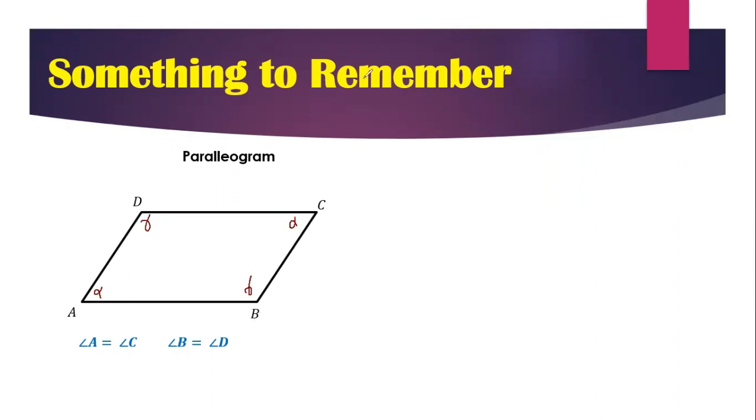Okay, I want to give you an example. Let's say angle A is 60 degrees. So automatically angle C is 60 degrees. Easy, right?